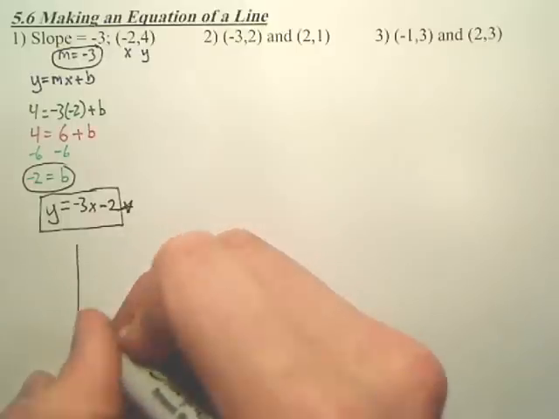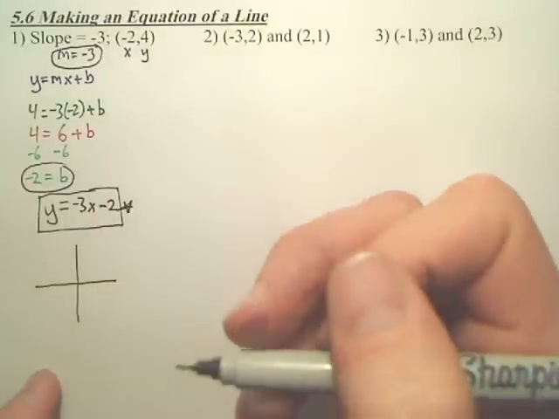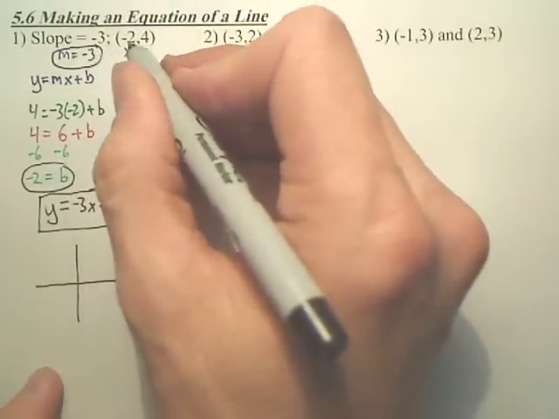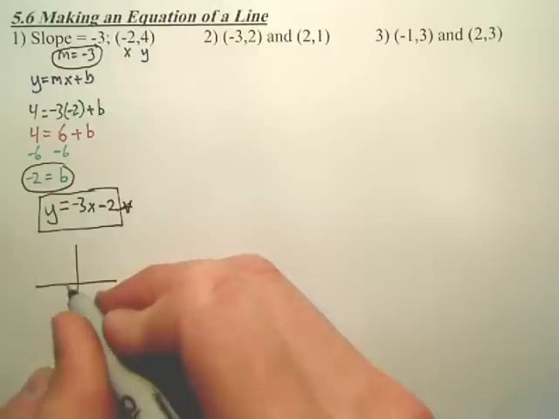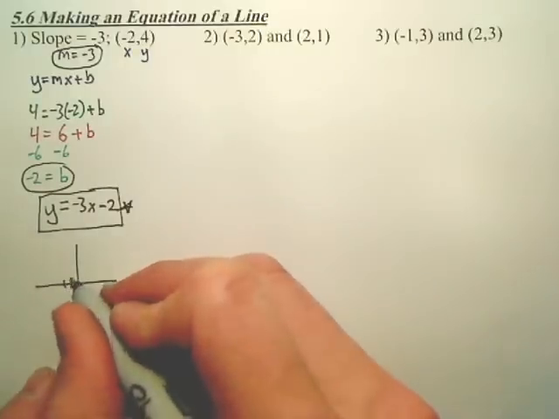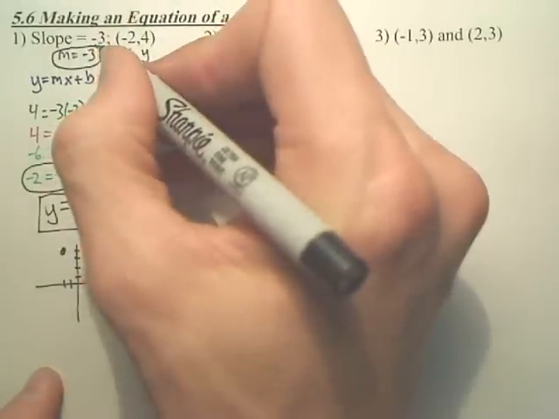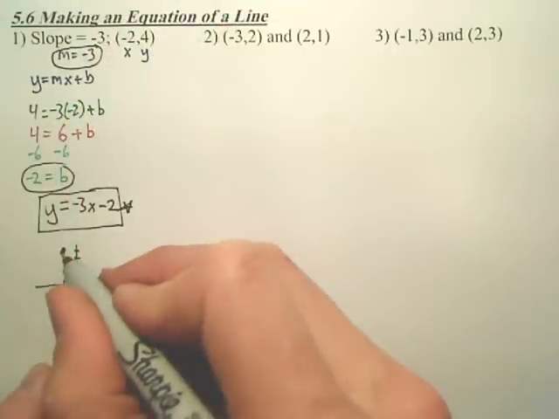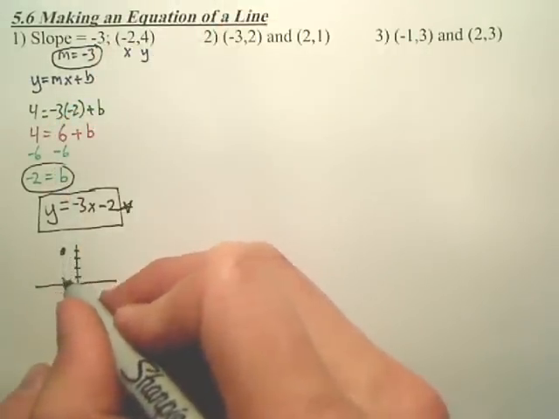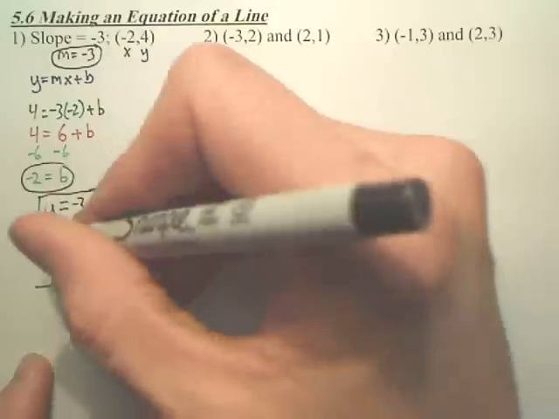Now, real quick, class, if I begin at -2, 4, and go up 1, 2, 3, 4, and my slope is -3, doesn't that mean I'm going to go down 1, 2, 3 and over 1?